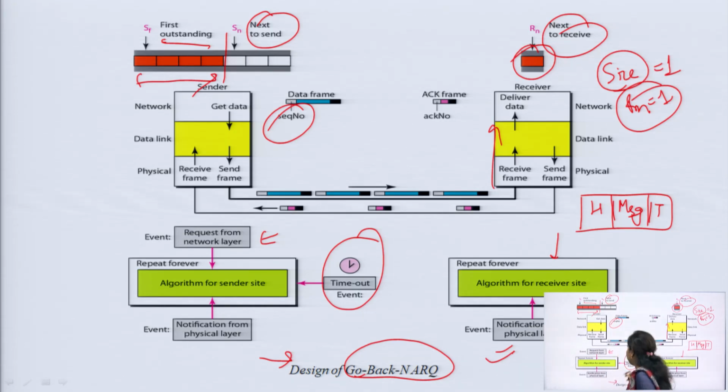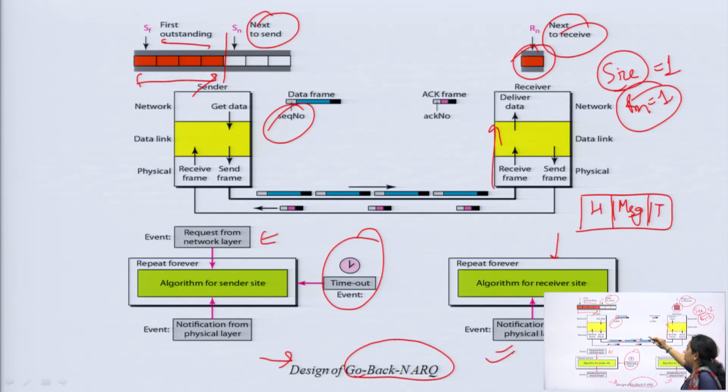It has to wait for that particular time that you have set for the acknowledgement. If the acknowledgement has not been received in that time, it has to repeat the transmission once again, or you have to check whether the error has occurred or not.